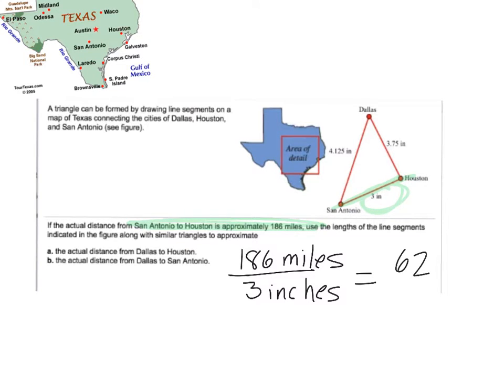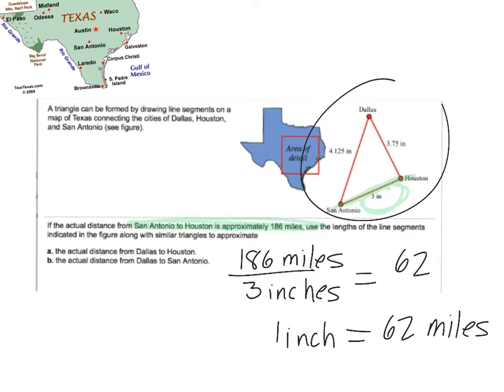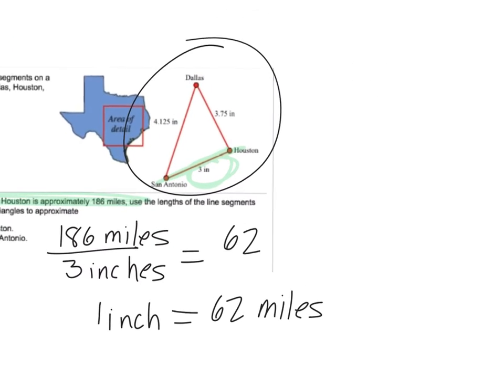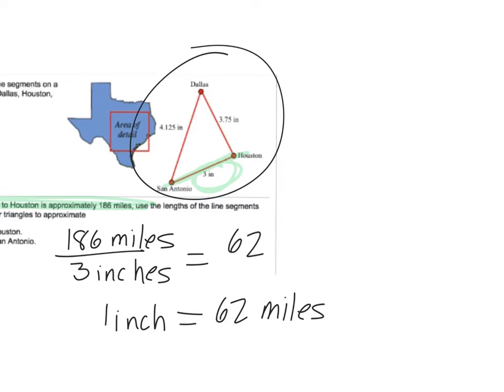So that means that 1 inch takes up 62 miles. So for every 1 inch on the little triangle that we have going on here, that 1 inch is equal to 62 miles in real life. So now I can use that information to figure out the distance of the other cities in real life.